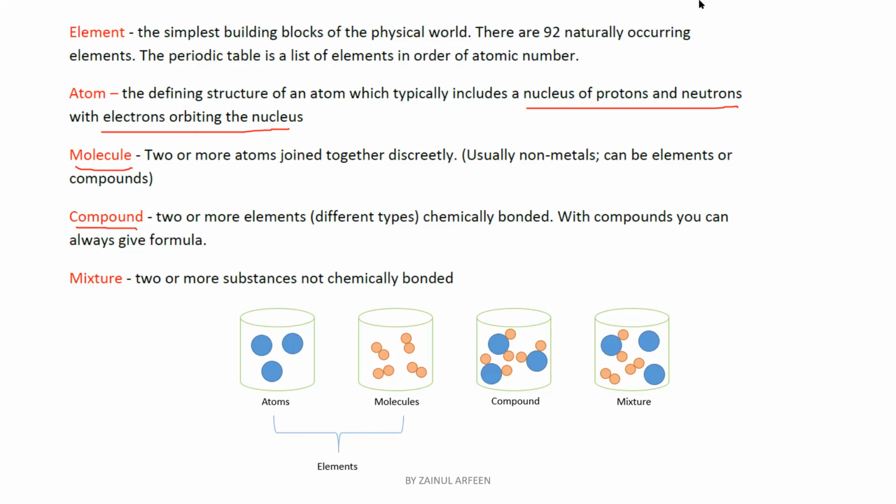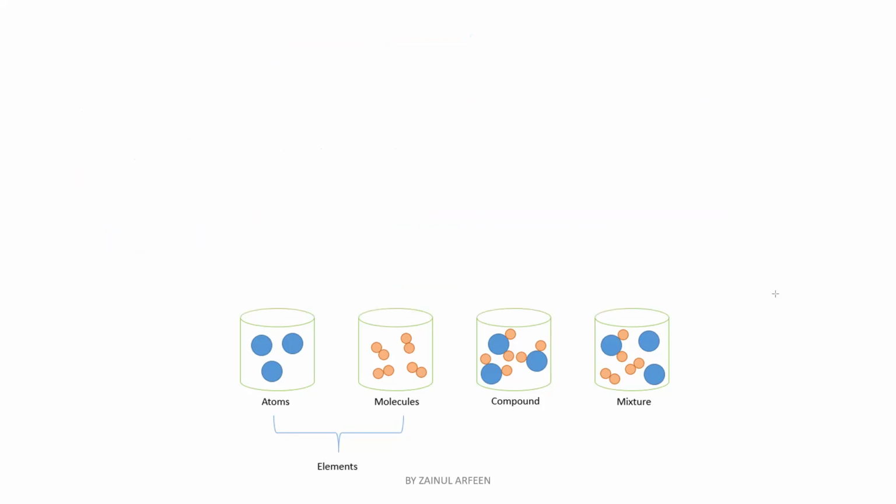For example, if you have a substance in which you have identical atoms, what do we call this substance, element or compound? Compound means two or more different types of atoms joined together. So when identical atoms are there, we call this substance an element.